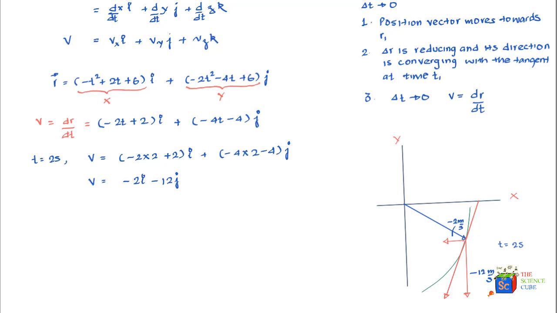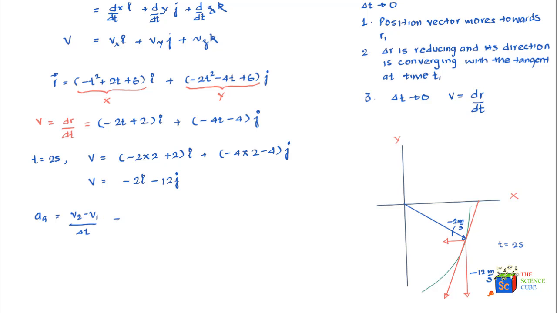Now, to take the topic a little further, we might want to discuss what is instantaneous acceleration. So we know again that average acceleration is given as a average is equal to final velocity minus initial velocity upon the time it takes to change this velocity.